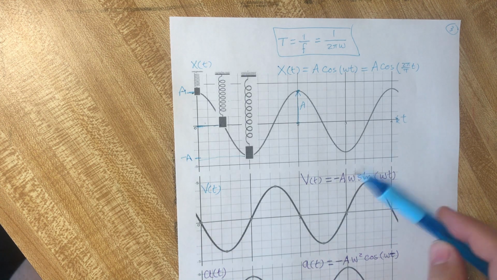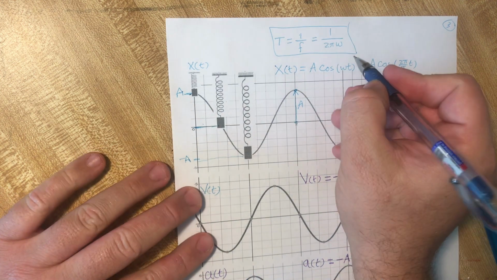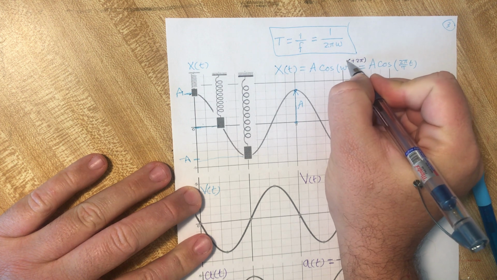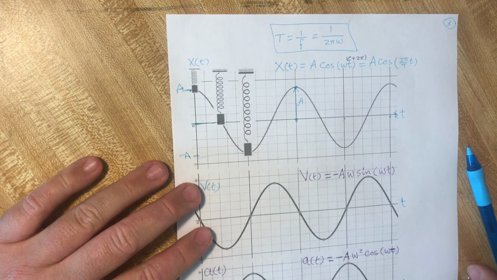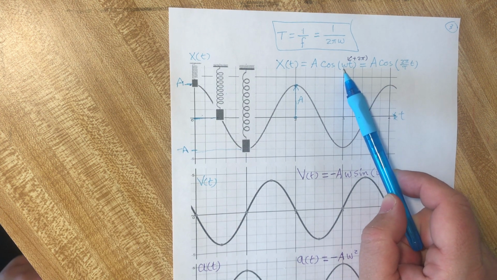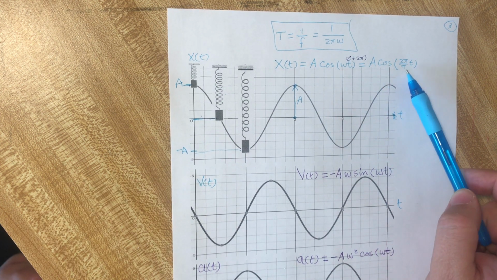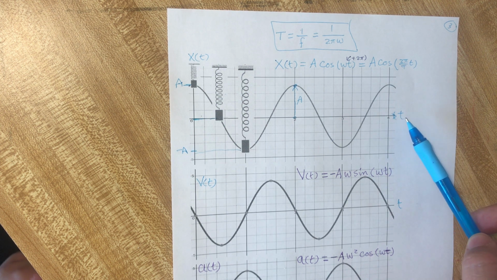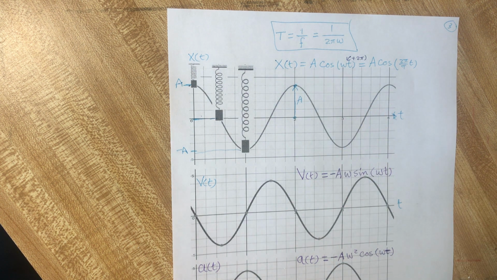We can add 2 pi inside the cosine, but it's okay now. And omega is equal to 2 pi over T, which is the period, multiplied by t, which is the dependent value. This is the position function.